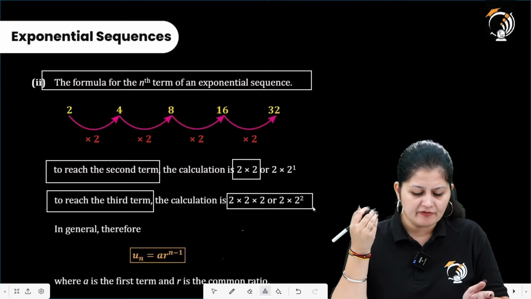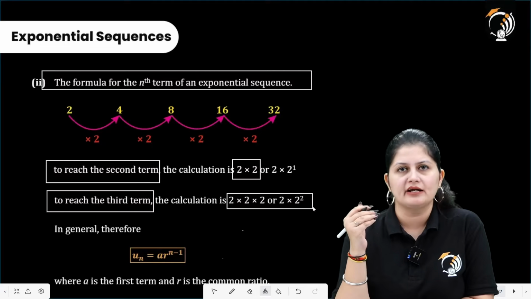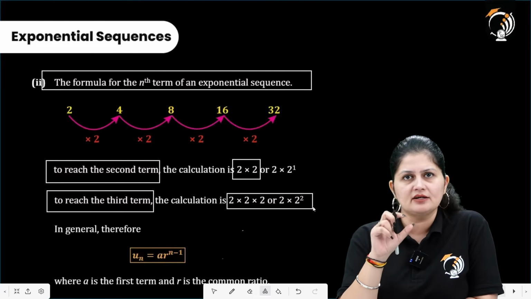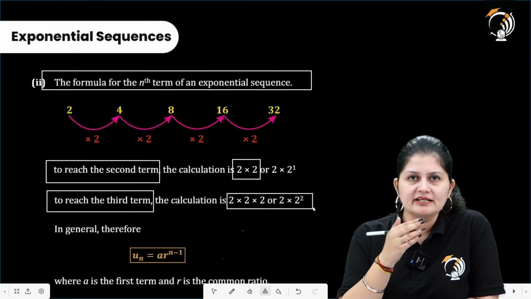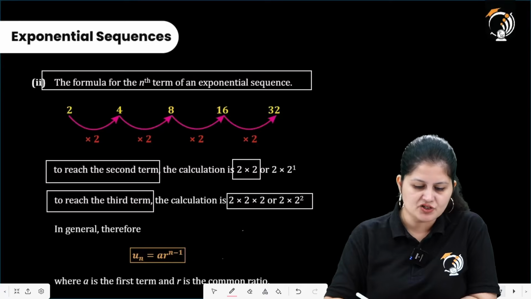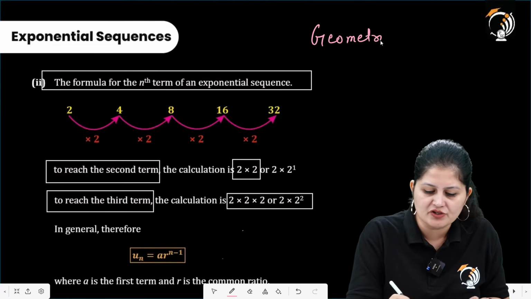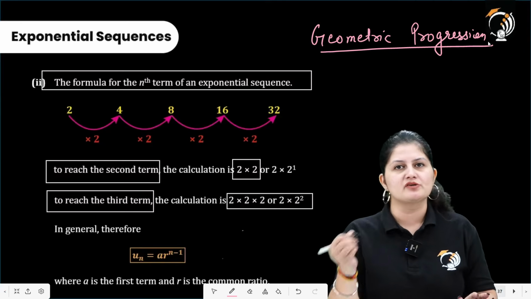Whenever you see that there is a common number being multiplied in a particular sequence, the way we called it a common difference in the arithmetic progression, here we call it a common ratio. And this particular type of sequence is known as a geometric progression. Many times you will find this written in the question as GP or geometric progression.